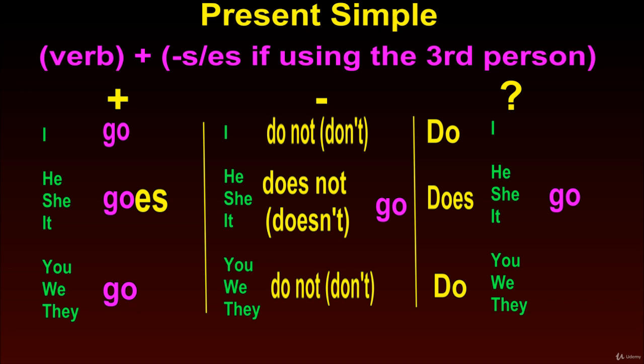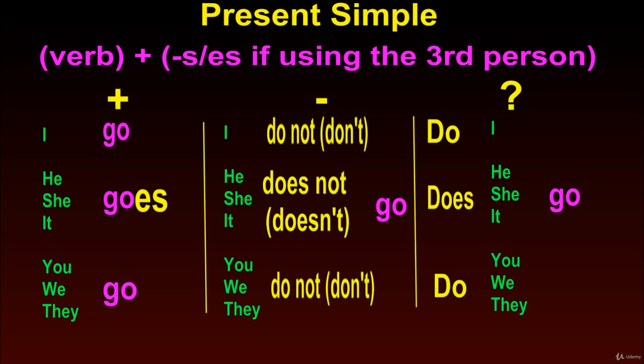So if you want to say the sentence in the negative form, you have to use the auxiliary verb, then particle not, and the verb in the base form. For example, I do not go, or the shortened form is don't. He does not go, or doesn't go.